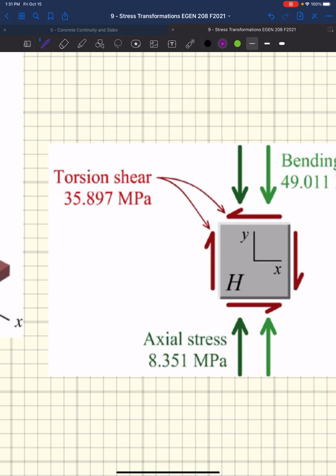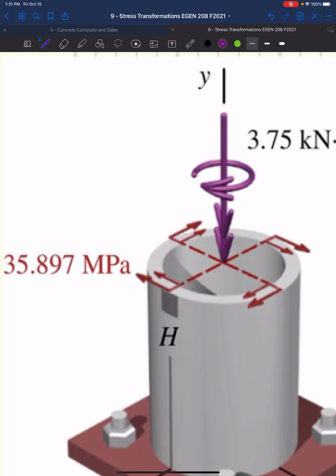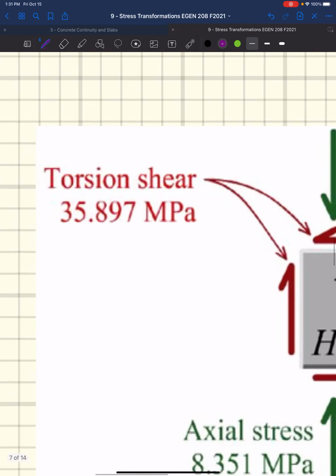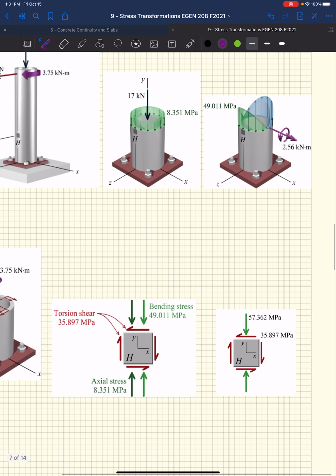We do have torsional shear, right? And based on the direction of this torsional shear, it was acting off to the left on the top of our little square, so we're going to put our shear stress acting off to the left. Then our bending stress, right? Our maximum stress, if we looked at, say, the other side of this pipe, we would actually have a tensile stress adding to a compressive stress due to the axial load.